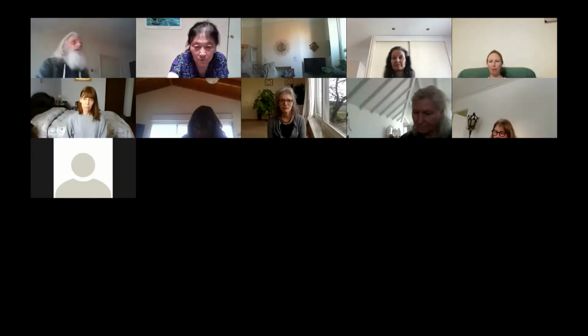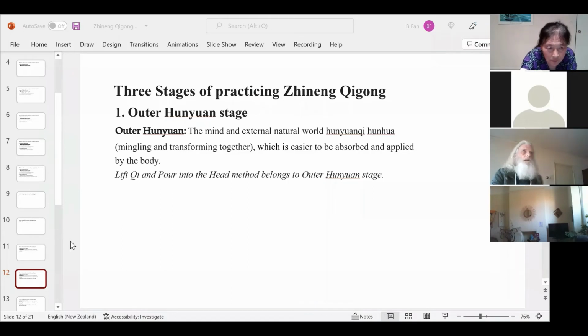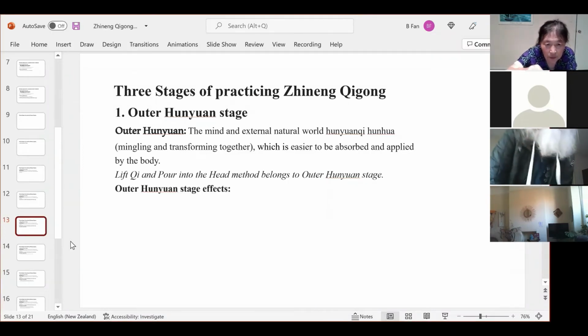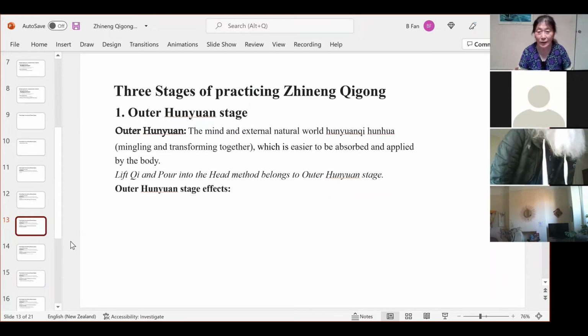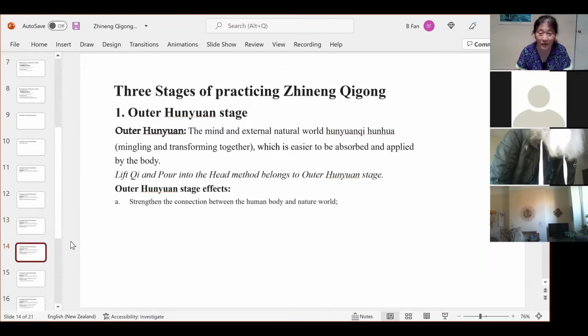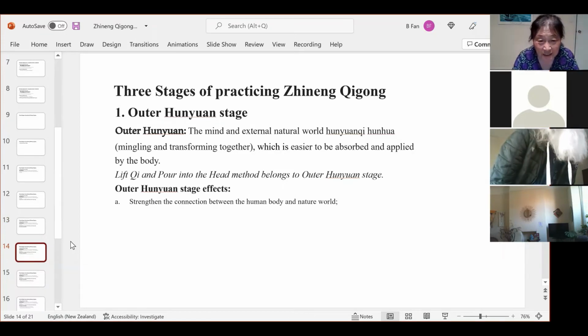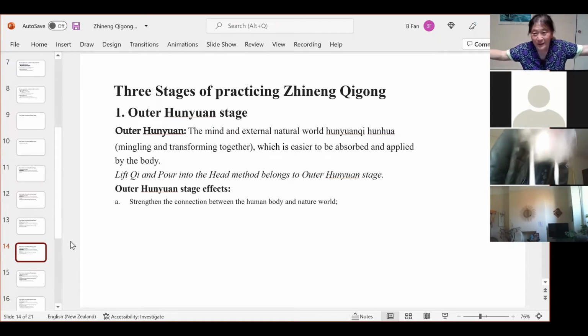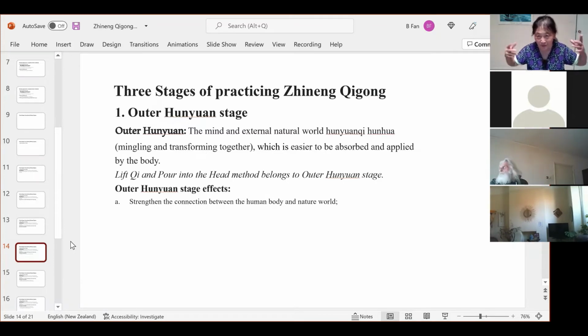Oh, I need to go further. So the outer Hunyuan stage has benefits. What are the benefits? The first is that it makes you control the connection with the outside nature, the natural world. The connection becomes stronger. Think out, in.